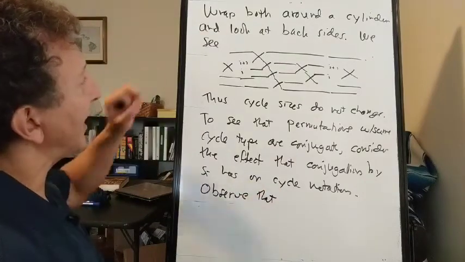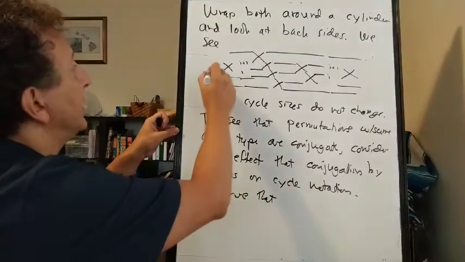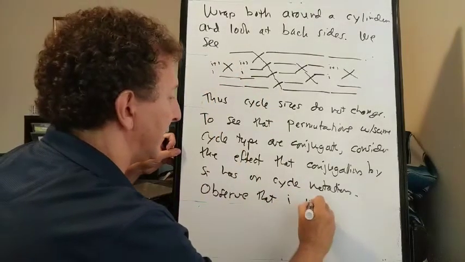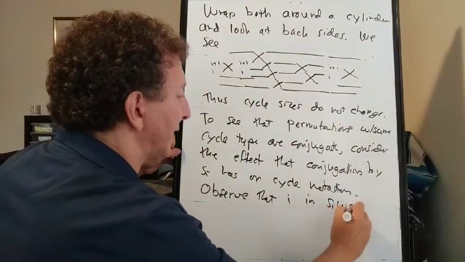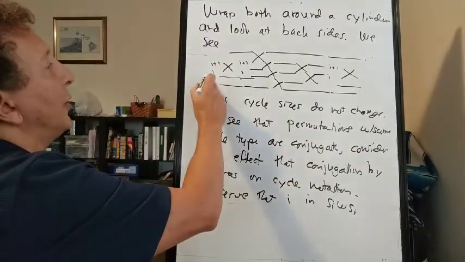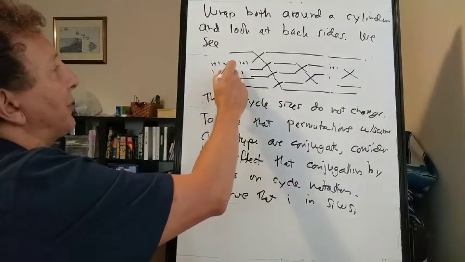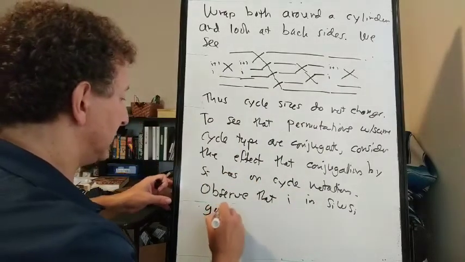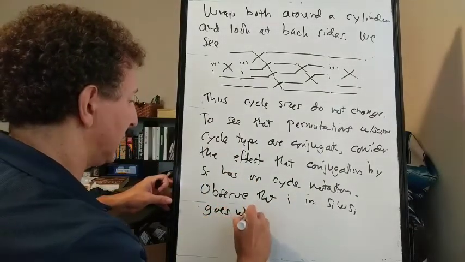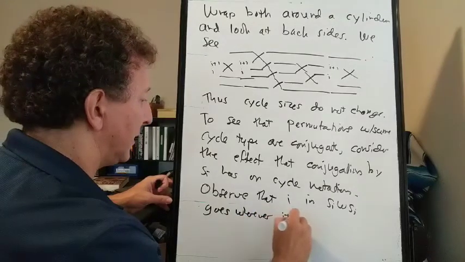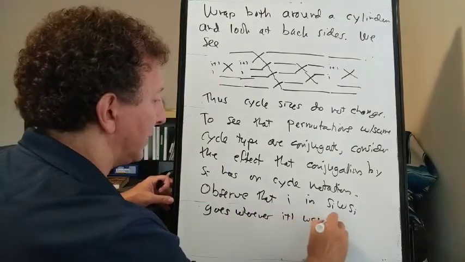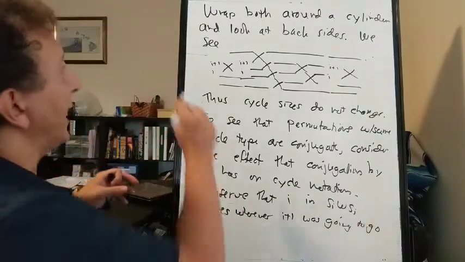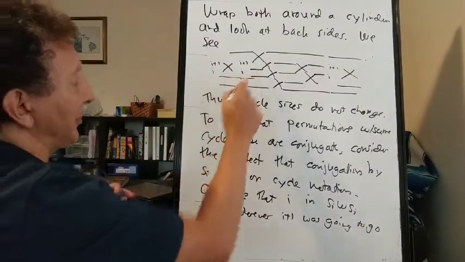So observe that I in SIW SI goes wherever I plus 1 was going to go. And that I plus 1 ends up going wherever I was going to go.